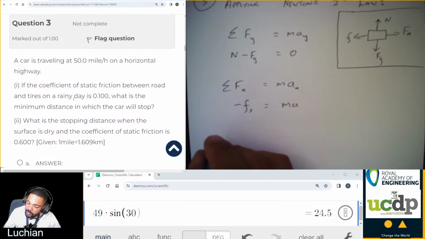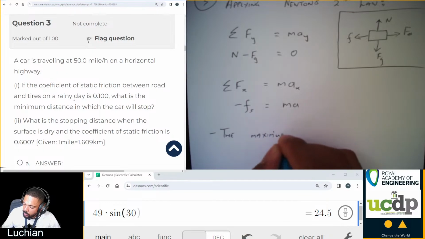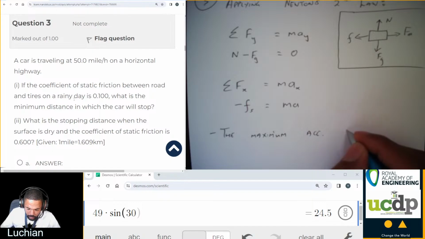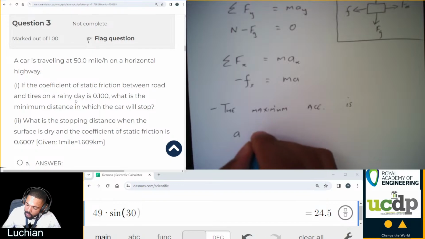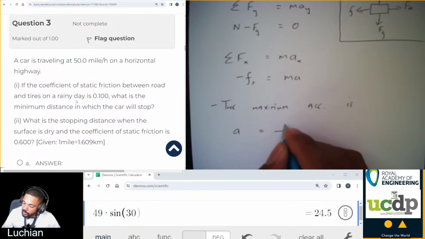Now the maximum acceleration that this car can have is equal to the force of friction, which is negative, divided by the mass.